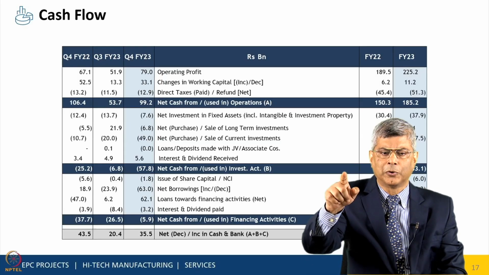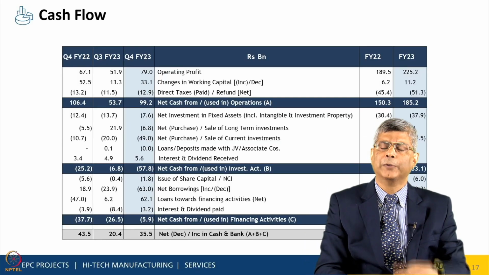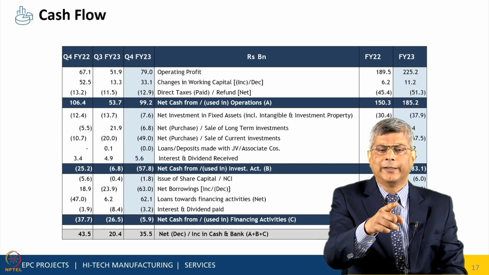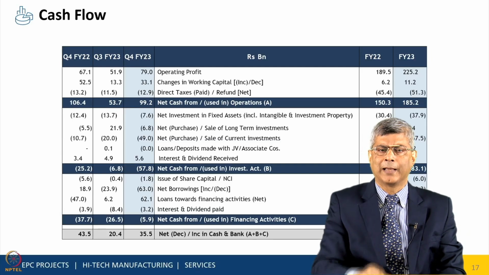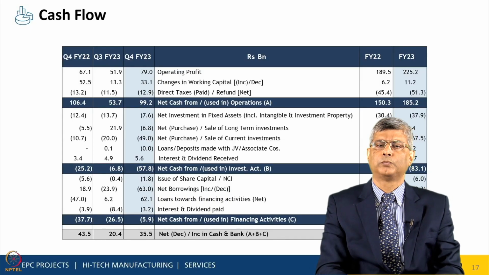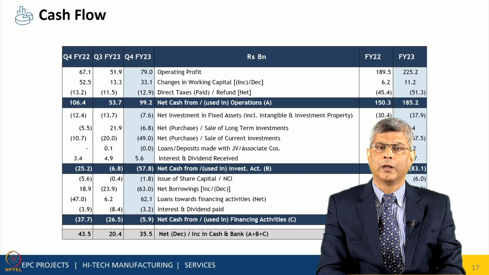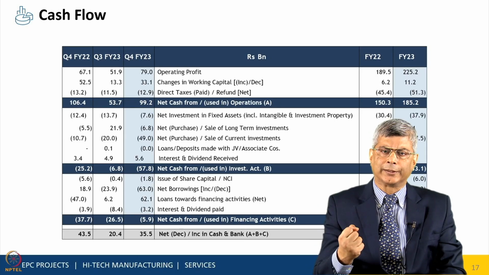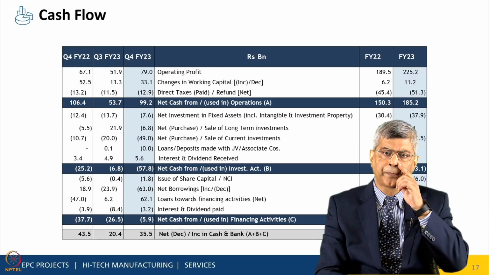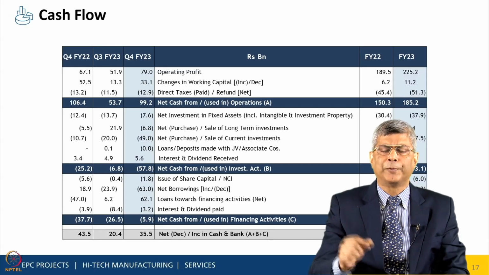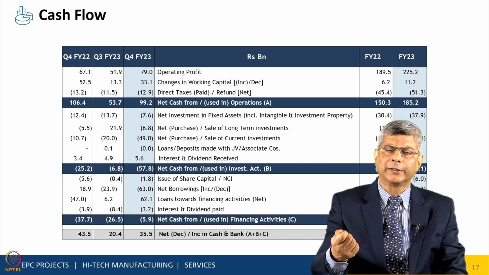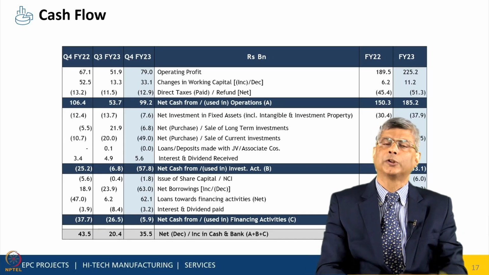But in this case, if you go all the way down, and without getting into all the different ways, you'll see that the net decrease or increase in cash and bank balance is 28.9, which means that they have got extra cash in 2023 fiscal year of 28.9 billion rupees, which is about 2,800 crores. So they're cash positive.